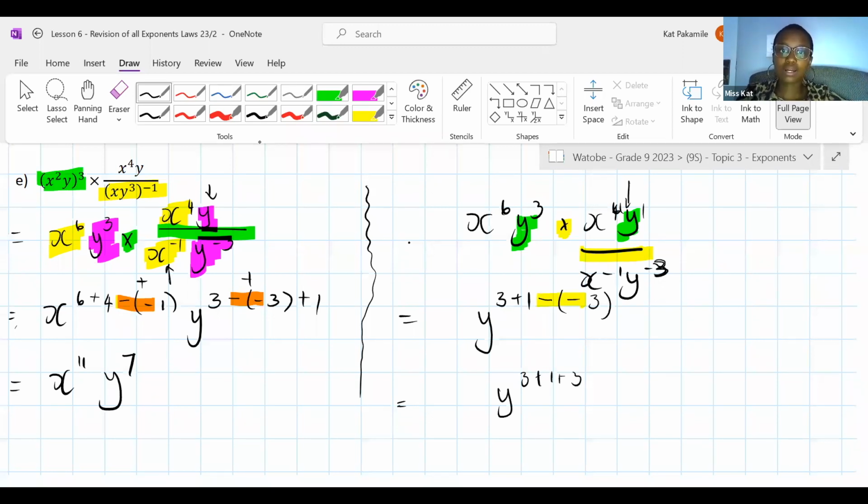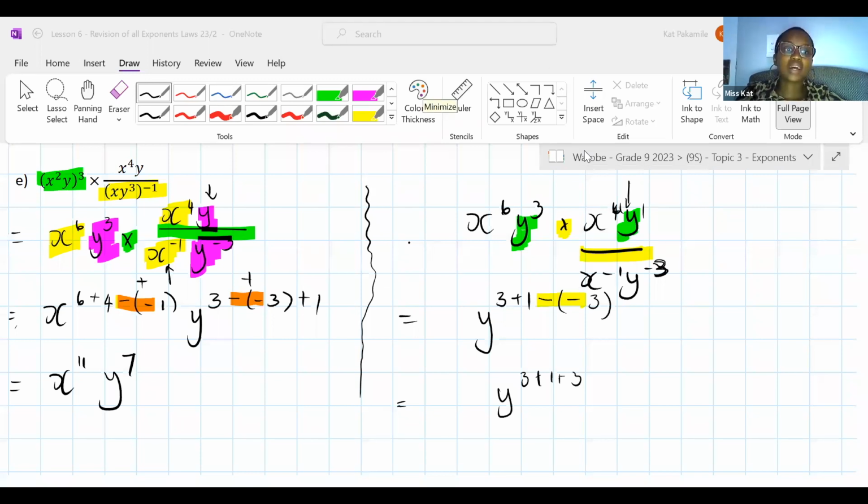You're welcome. See, guys, you need to raise your hand and ask questions so that I see where I have lost you. Boniwe? Hi, ma'am. Ma'am, aren't you supposed to simplify the fraction, like the x^4 y over x^-1 y^-3?